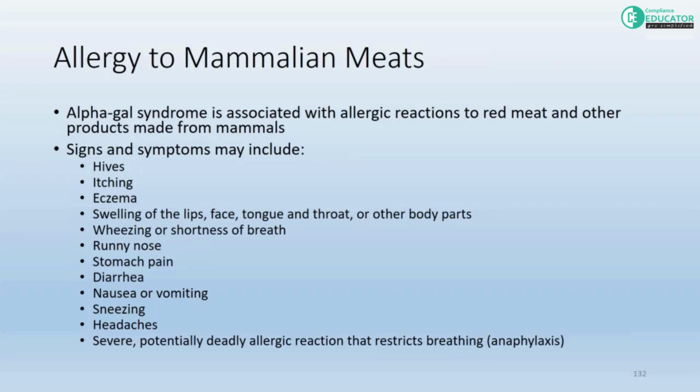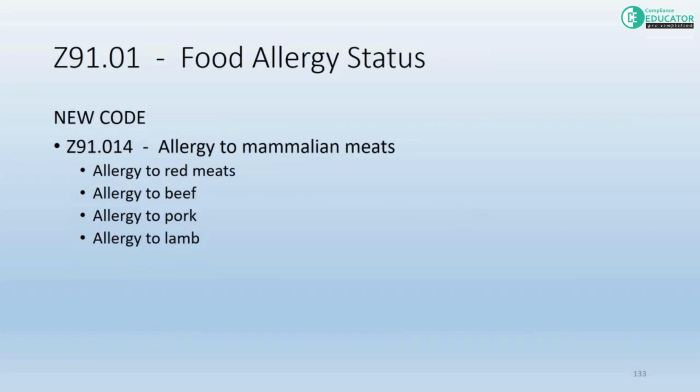Signs and symptoms of alpha-gal syndrome may include hives, itching, eczema, and there's a wealth of them, if you will. So looking to get some additional codes out of the way, there's our allergy to mammalian meats. And at this time it doesn't matter what the animal was.